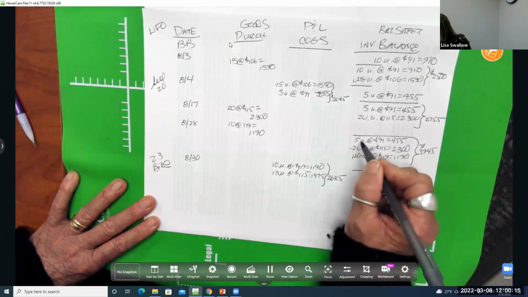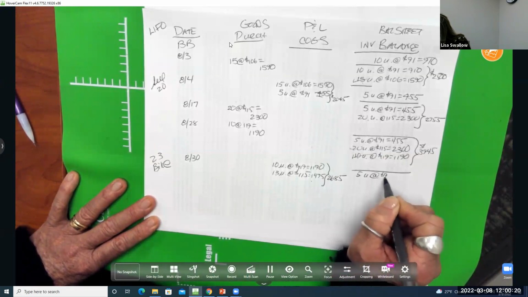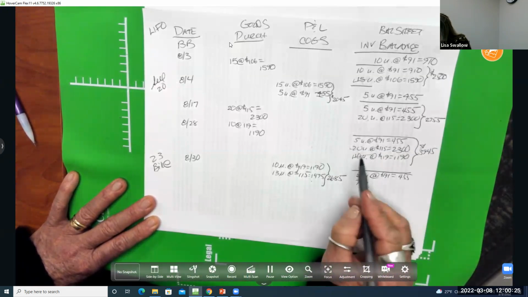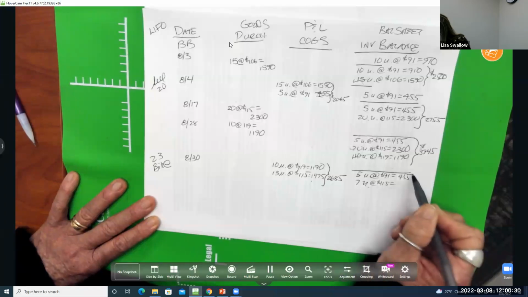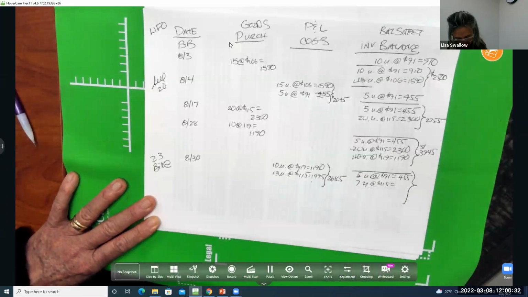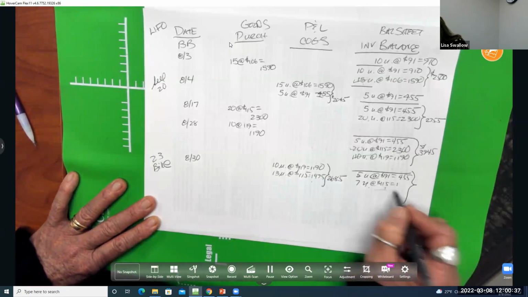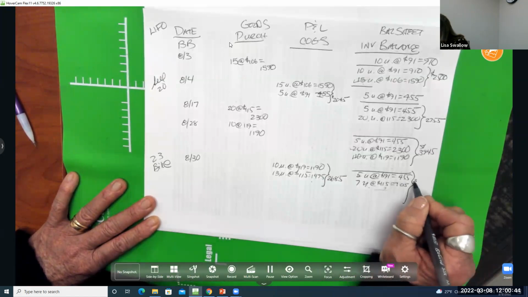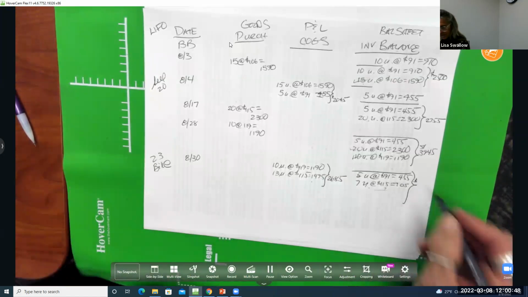So I have these oldest 5 units, last in, first out. And then I've got 7 still sitting from this batch. This number obviously is my 709. This number right here, 1260. Sorry.